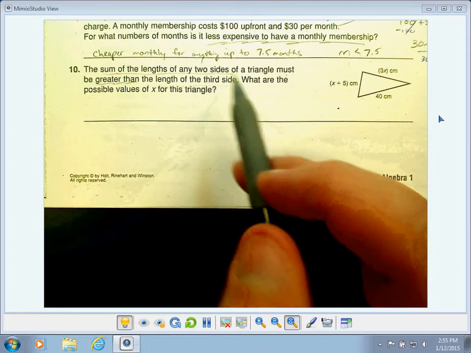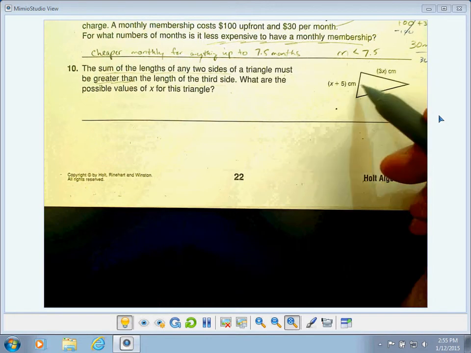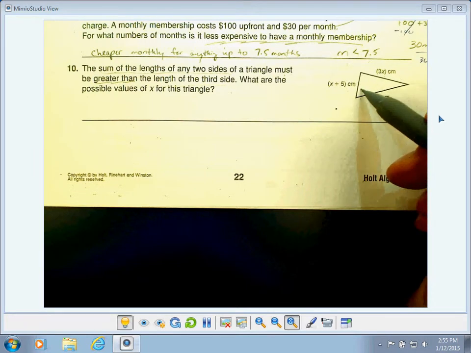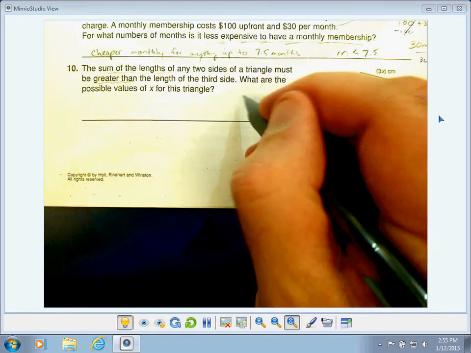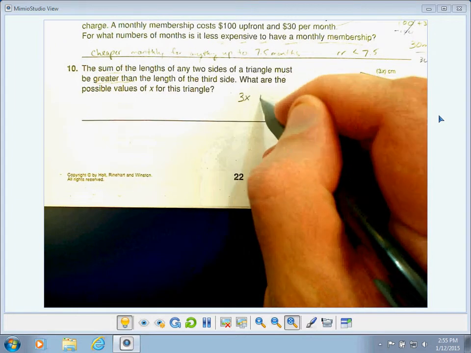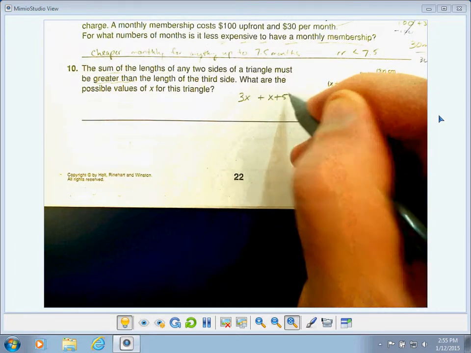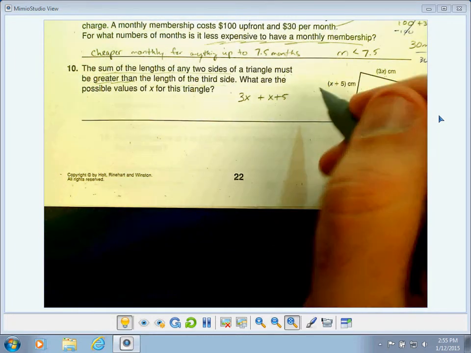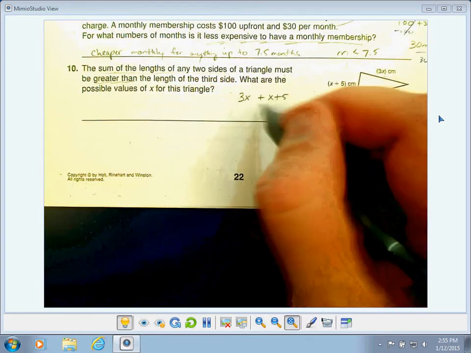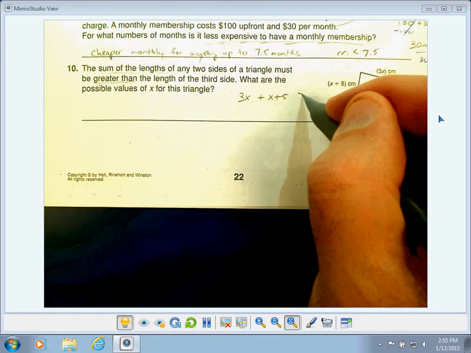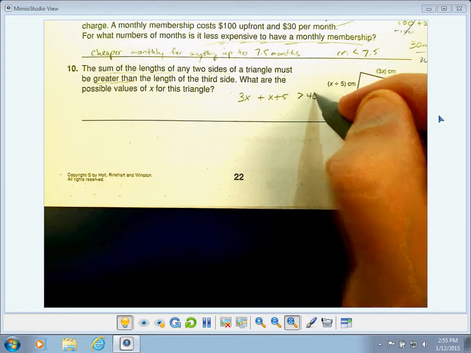So how about this? What if I choose the two sides that are variables, 3x and x plus 5? Sum means to add them, so I'm going to say 3x plus x plus 5. And I know this thing has to be greater than the third side, which is 40.